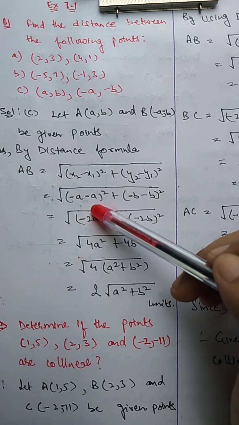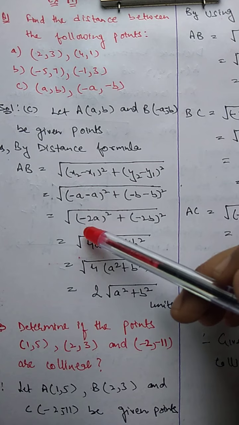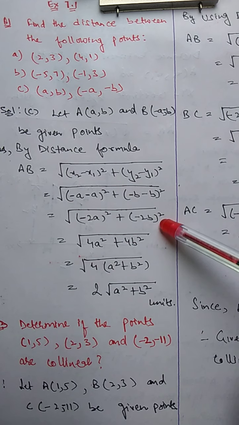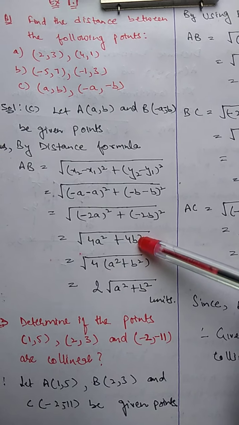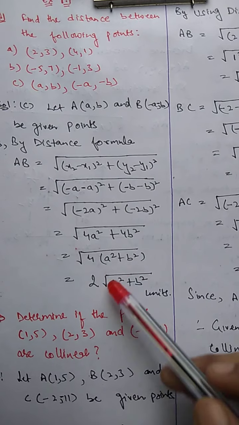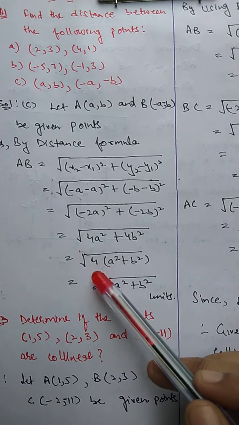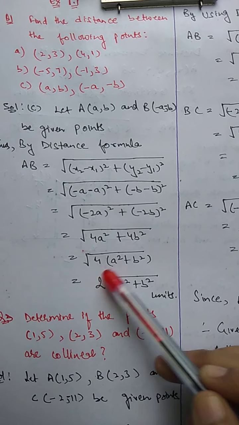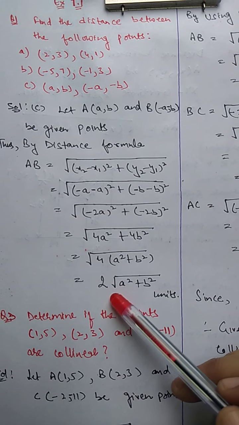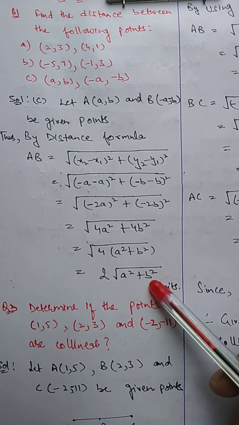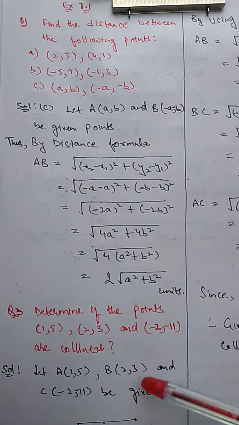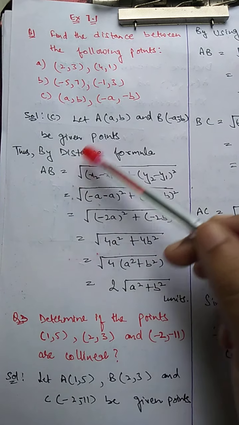So minus a minus a gives minus 2a whole square plus minus 2b whole square, that is 4a square plus 4b square. If we take 4 common here, it becomes 4 into (a square plus b square). The square root of 4 is 2. So 2 under root a square plus b square. So this is the distance between the given two points.